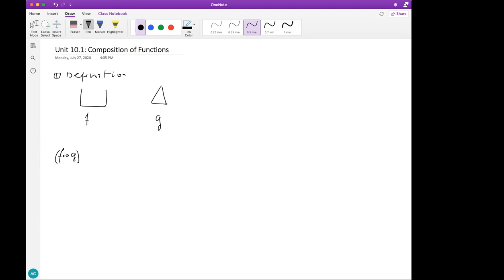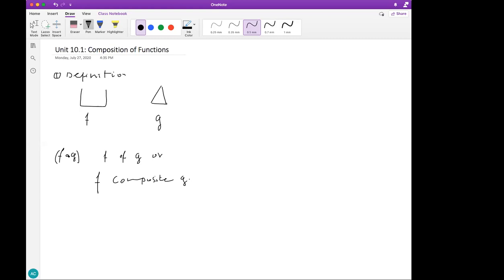This is the notation, and it's read F of G, or you can also say F composite G.